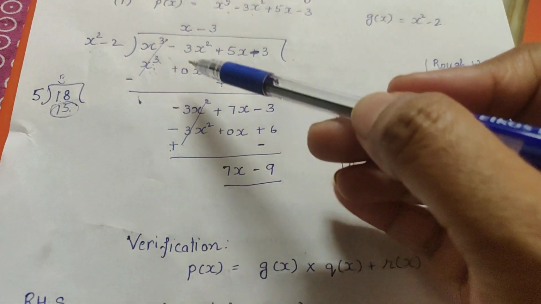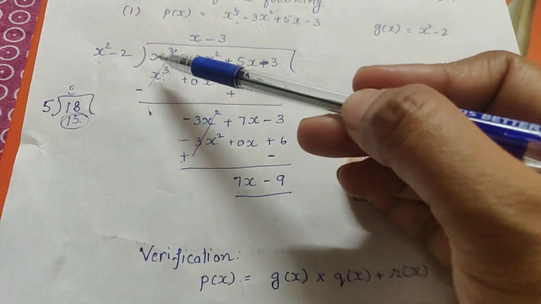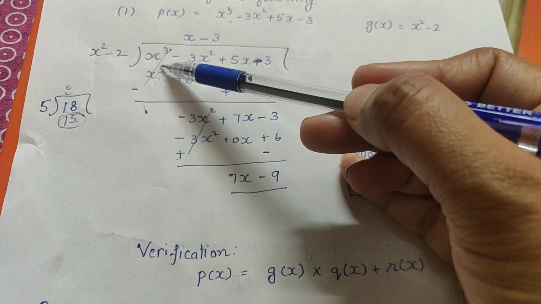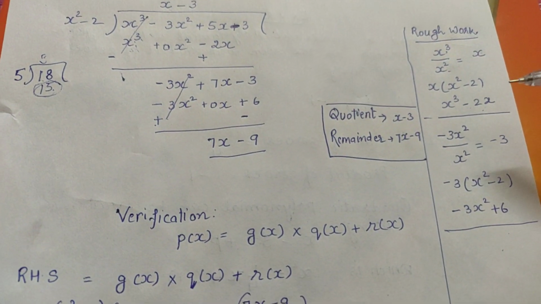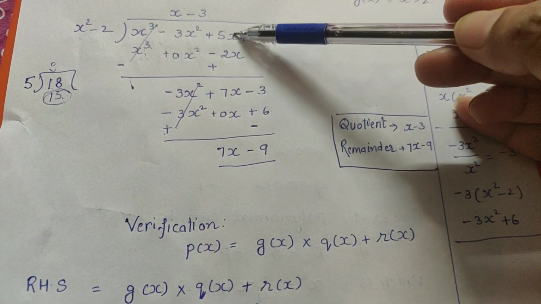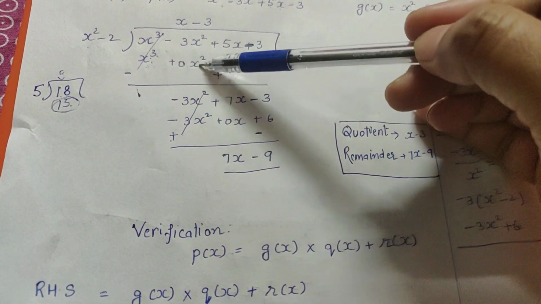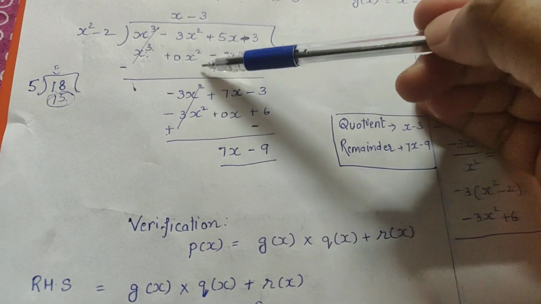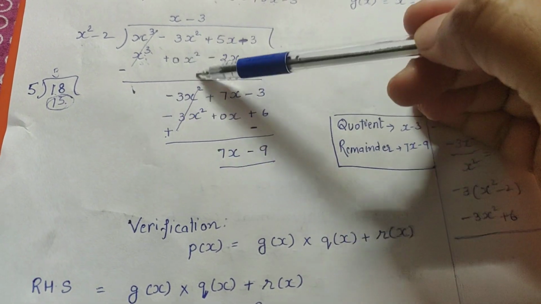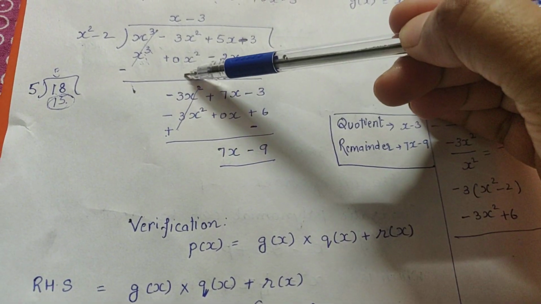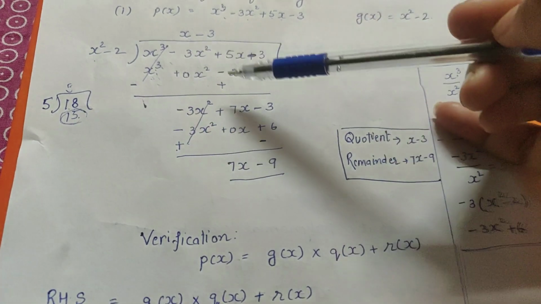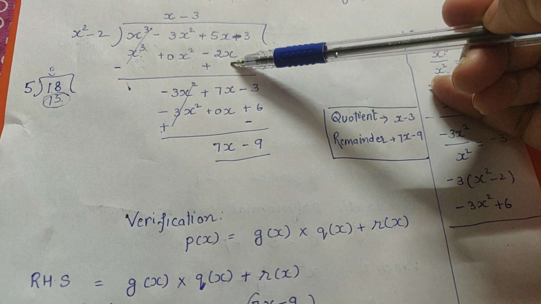So now this will be written here. You have to write like terms together. So x cube I have written here and minus 2x I have written here under x. Because I did not have any term which had x square, I have written 0x square. So this is your choice. You may write it, you may not write it, right? Now x cube I have written here and minus 2x I have written here.